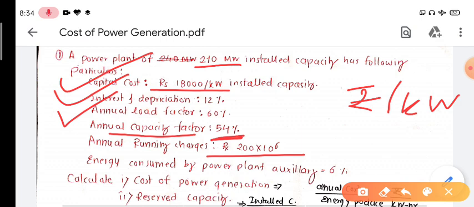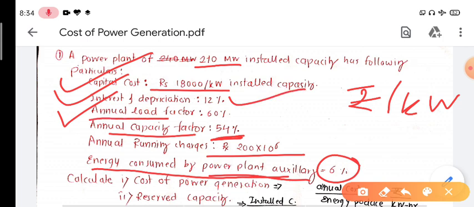Energy consumed by power plant auxiliaries is 6%. Power plant auxiliaries are the auxiliary equipment that assists the power plant, so the energy consumed by them is the energy consumed by power plant auxiliaries, which is 6%.